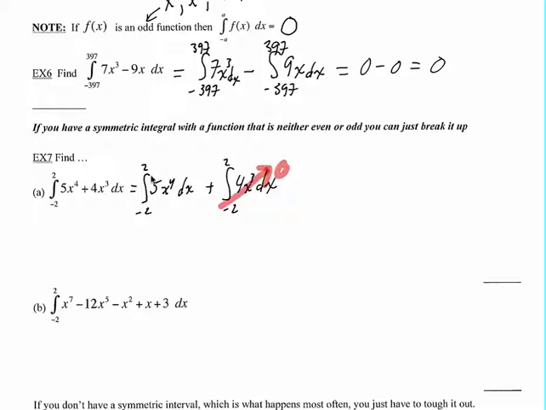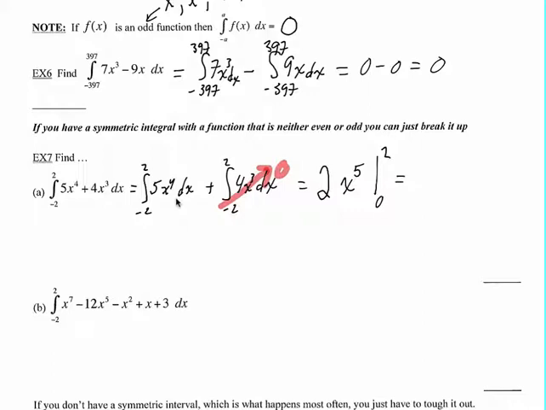So it's then equal to 2 times the antiderivative of 5x to the fourth, which is x to the fifth, going from 0 to 2.